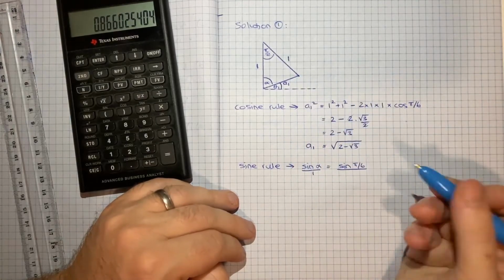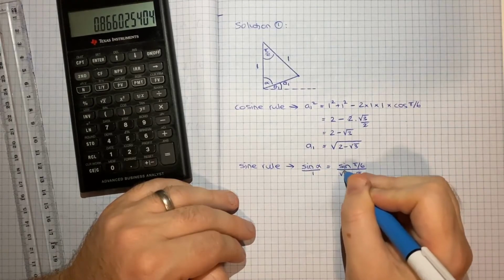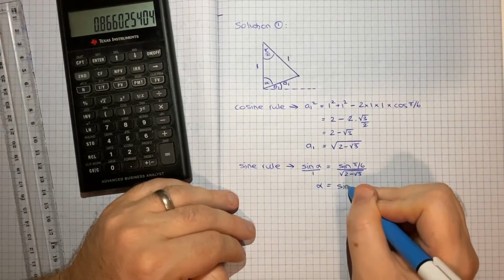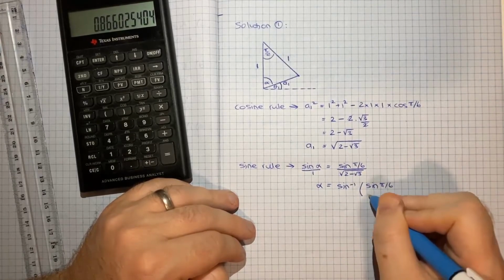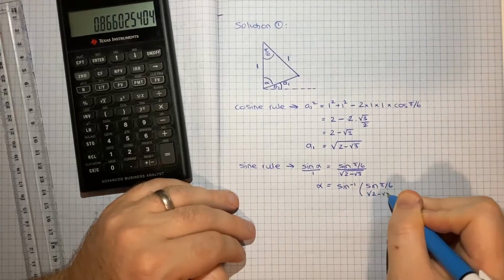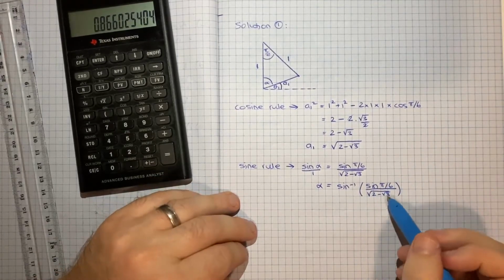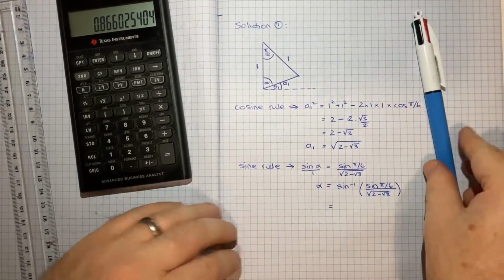And we can put in our A1 as root 2 minus root 3. And therefore alpha will be the inverse sine of all of this on root 2 minus root 3. And at this point, I wouldn't be inclined to try and work this out. At this point, I would just be getting out my calculator.